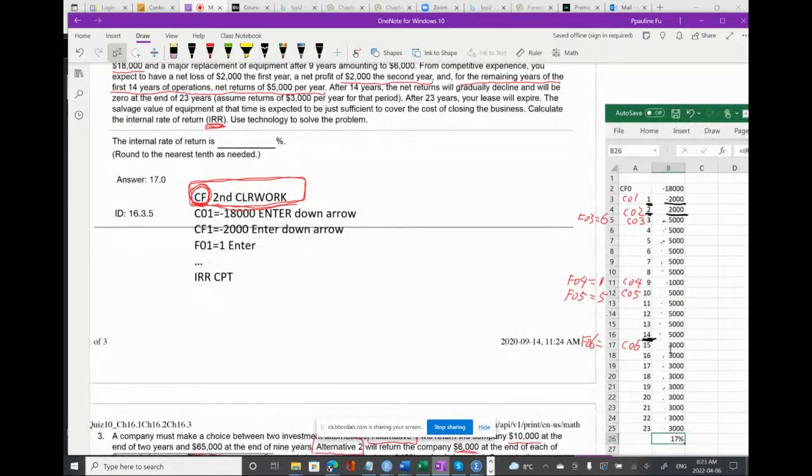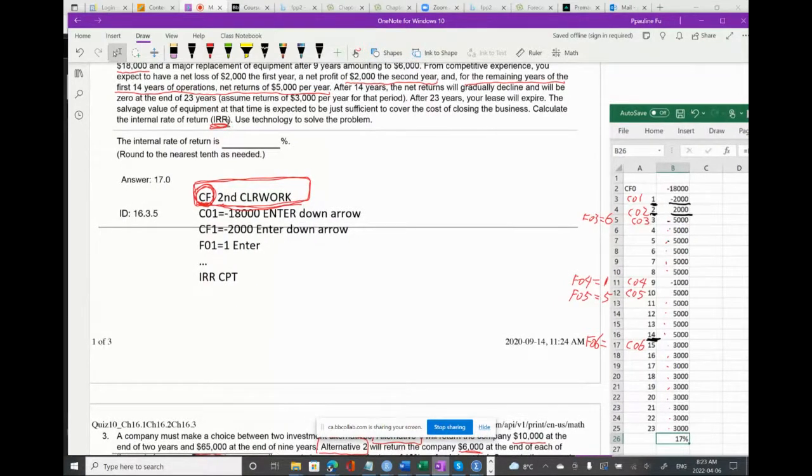So 3,000 per year until year 23. The question asks you to calculate internal rate of return, IRR. That is the question.